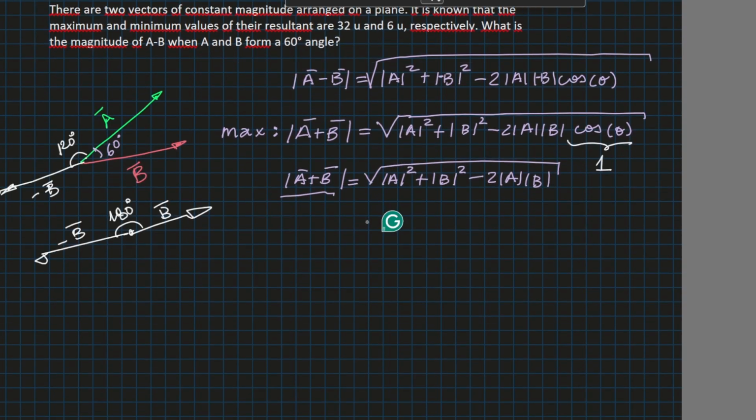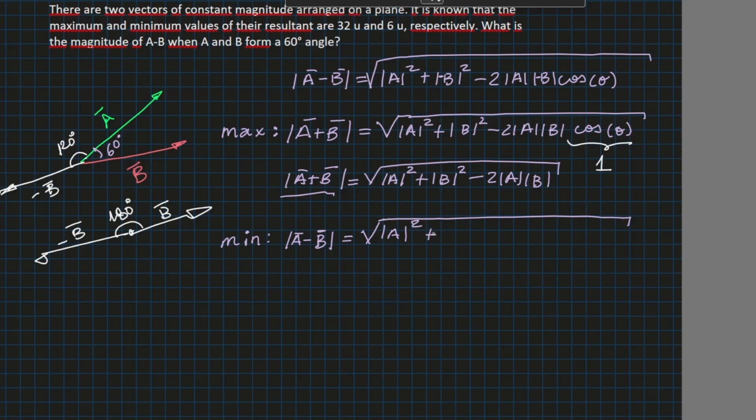So on the other hand, they also tell us that there is a minimum value. The minimum value of a resultant of two vectors is when they are subtracted one from another. It means the subtraction of A minus B is the minimum resultant.